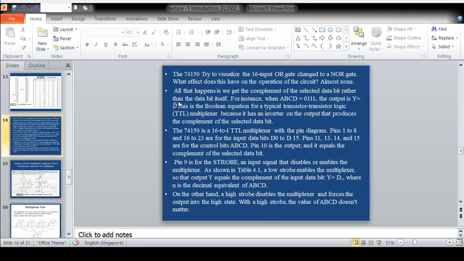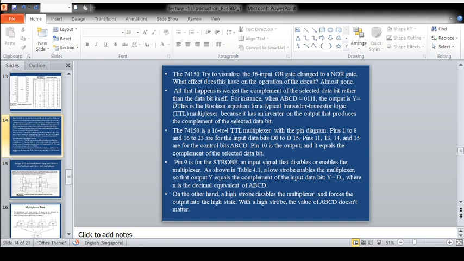If D0 is 1, the output is going to be 0. For instance, if we consider that ABCD is 0, 1, 1, 1, the output Y is equal to D7 bar. This is the Boolean expression for a typical transistor logic multiplexer, because it is inverted on the output, which produces the complement of the selected data bit.